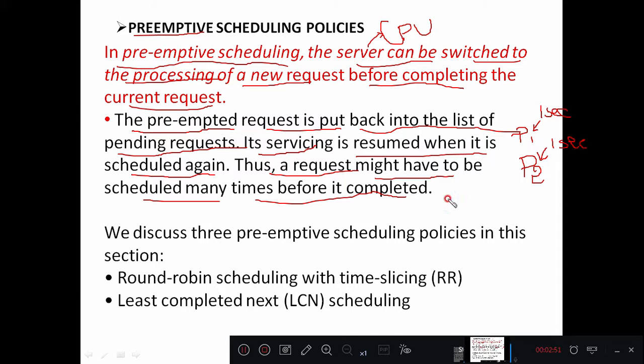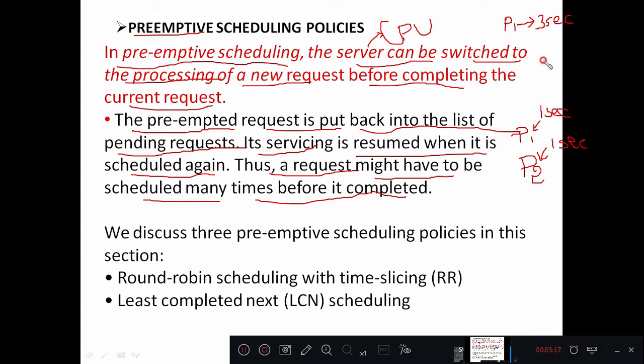Right. So before the entire execution of the process completes, it has to be scheduled many number of times. Let us say P1 execution time, or P1 service time, is 3 seconds. So for execution of process P1 completely, we require 3 seconds, let us assume.